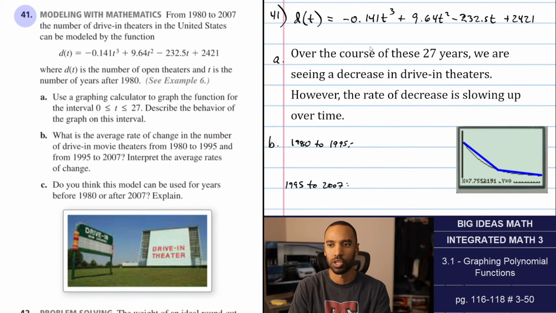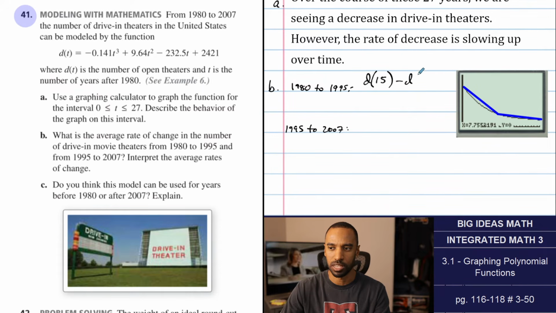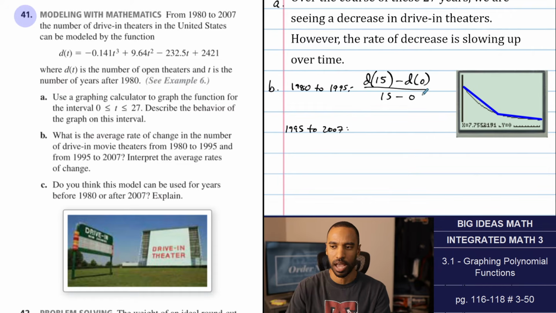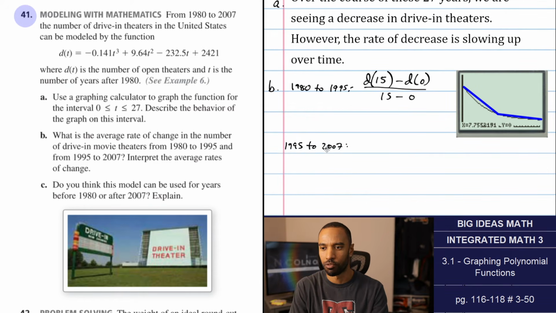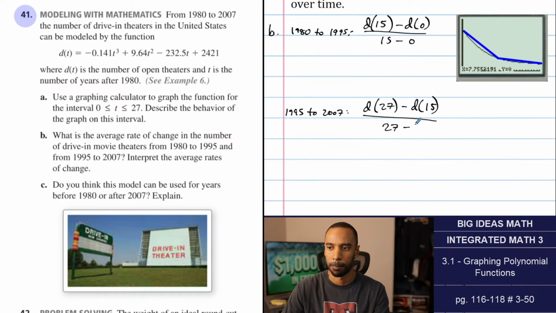So we've got to do D of, now remember, 1995 is 15 years after 1980. So D of 15 minus D of 0 divided by 15 minus 0 is what's going to happen there. We're going to take our rise over our run, or fall over run in this case. From 1995 to 2007, we're going to be doing D of 27 minus D of 15 over 27 minus 15.